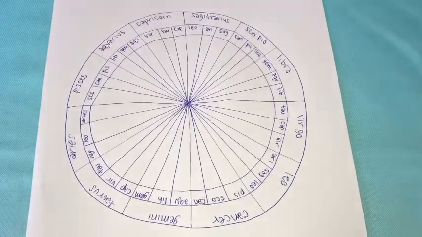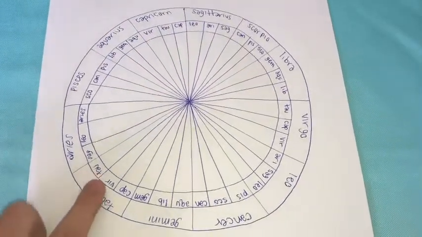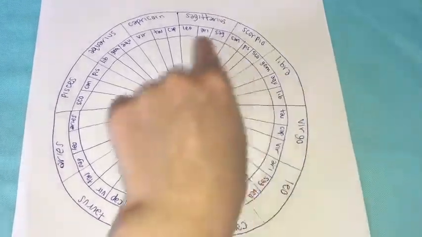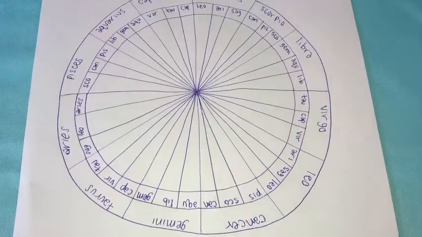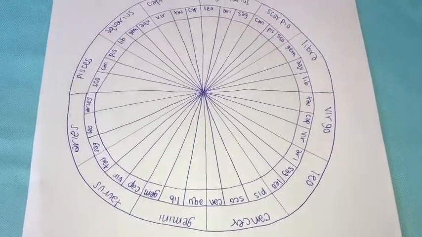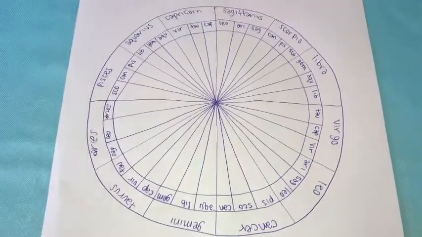Now our circle's looking a little funky, but I added the decans for all the other signs. I just abbreviated the signs to 3 letters because that makes things easier, and there's no sign where the first 3 letters are the same.